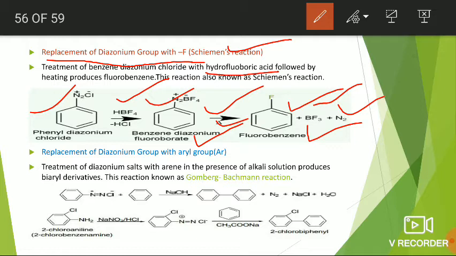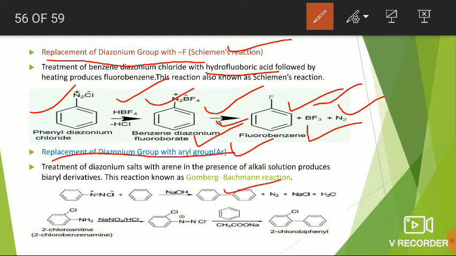Okay, next one, replacement of diazo group with aryl group, that is with Ar group. It is achieved by treatment of diazonium salt with arene in the presence of dilute basic solution, that may be dilute sodium hydroxide or potassium hydroxide, mainly in the presence of alkali solution, we get the corresponding biaryl.